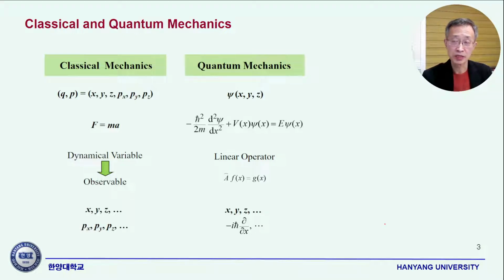In terms of Cartesian space, x, y, and z, and px, py, pz. In this case, these are position and momentum, 3 components in 3 dimensions. Or in general, p, q. And then force is described by p and q, and then acceleration is described by p and q.